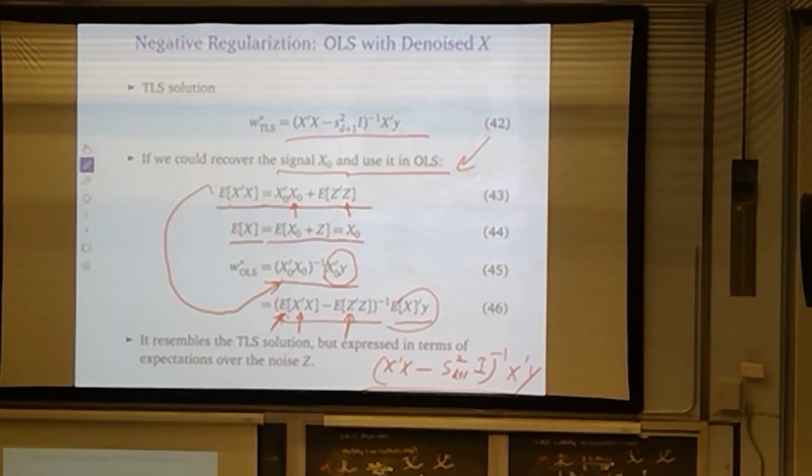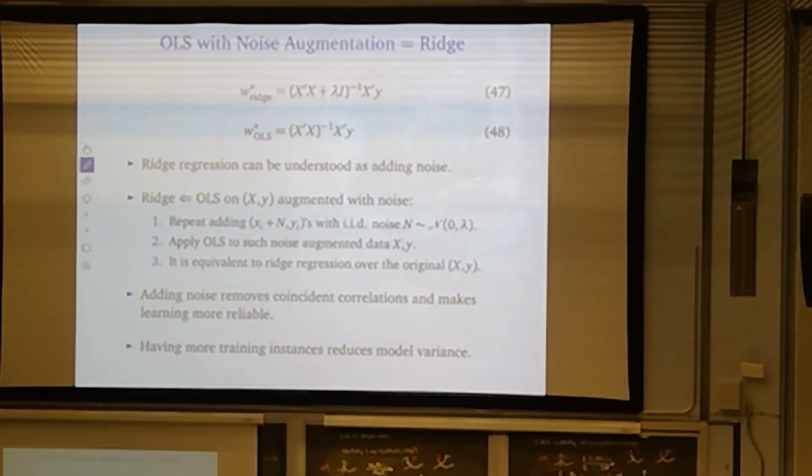On the other hand, if the data is clean, we can add some noise to it. Okay? So if we use OLS with noise augmentation, it becomes equivalent to ridge regression.